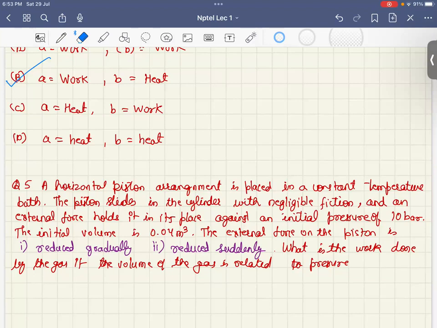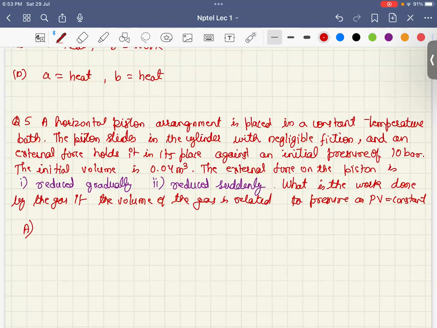Yes, P into V is nothing but constant. So what is this work for the first case, in which it reduces gradually?